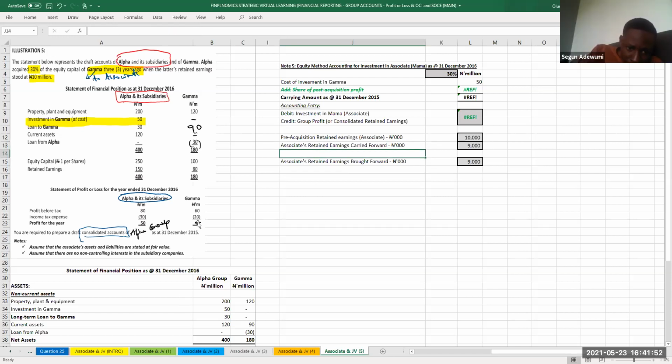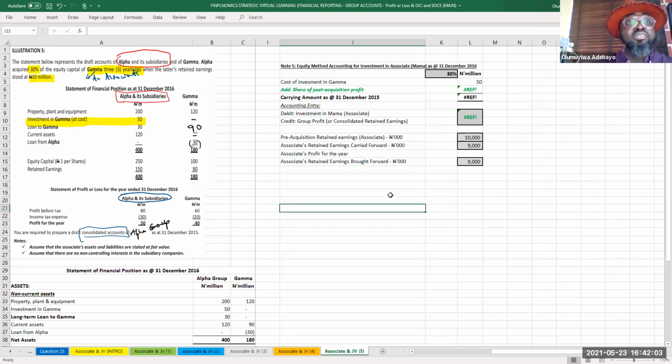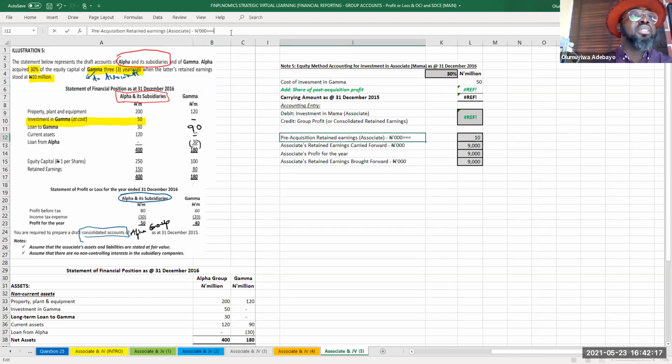I'm given profit for the year to be 40 million. Therefore, I'll say associate's profit for the year. I was given retained earnings at the end of the year is 80. Every figure is in millions, sorry, not in thousands. In millions.